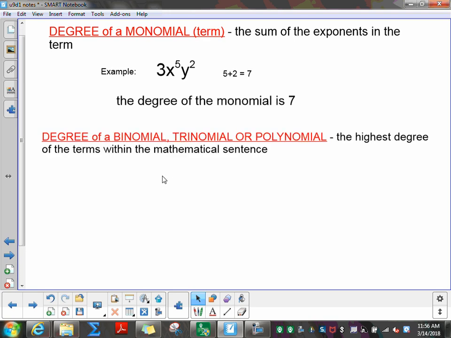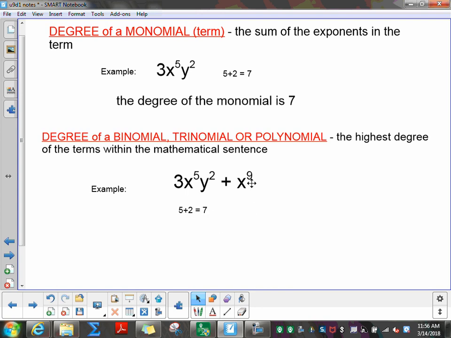The degree of a binomial, trinomial, or polynomial is the highest degree of the terms within that expression. So you find the degree of each term, and whichever one is the highest is what you use to represent the entire binomial. Here's an example. The first term we figured out has a degree of 9.